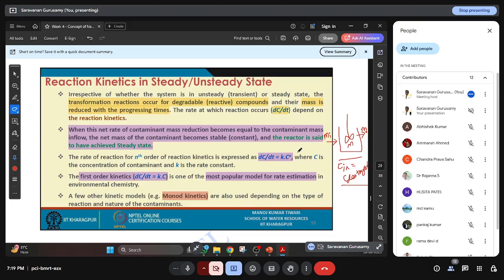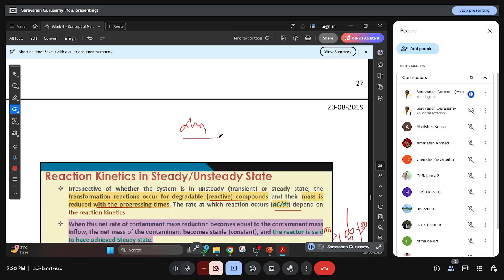Yes. So all this is giving the reaction kinetics. Transformation reaction occurs for degradative compounds like organics. Mass is reduced with respect to progressive time. At any time, the mass will reduce, right? So dC by dt will happen. So it will surely be an unsteady state. This net rate of contaminant is based on the dM by dt reaction.